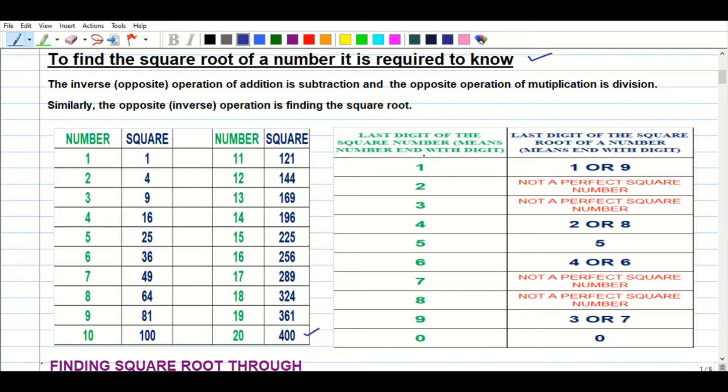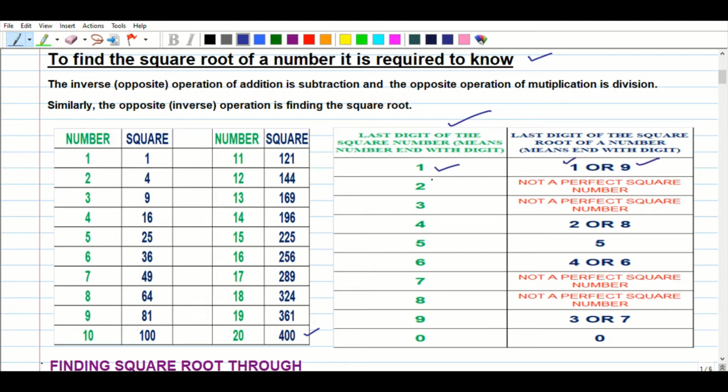Now the second thing, in the second data, is the last digit of the square number. When you are going to find the square root of a given number, look at the last digit, that means the unit place digit. If the unit place digit is 1, its square root will end in 1 or 9.